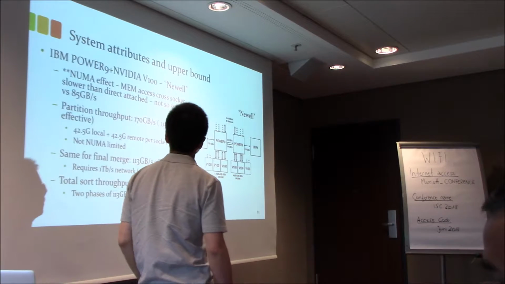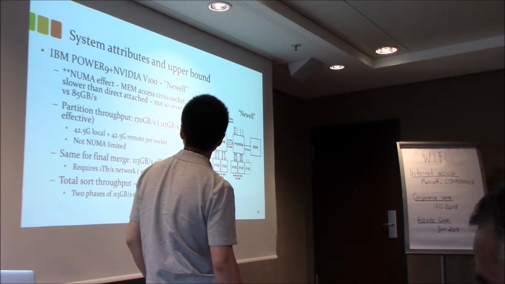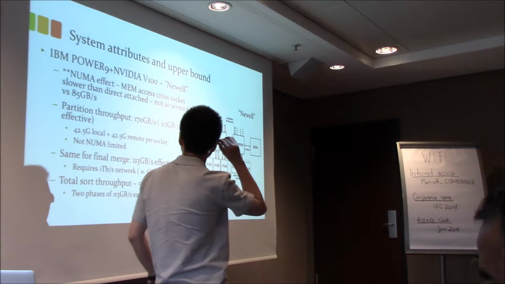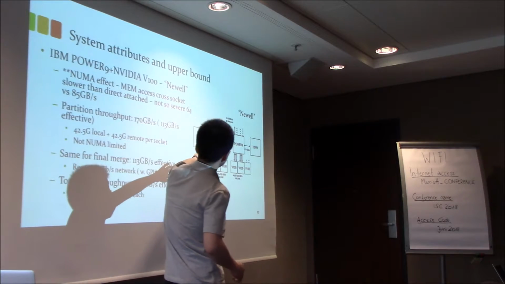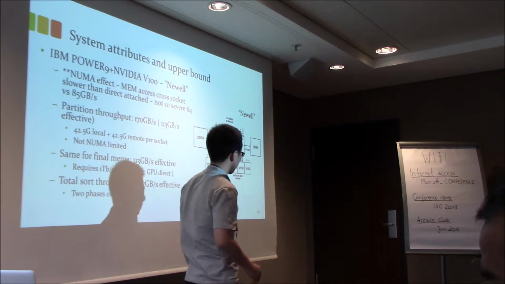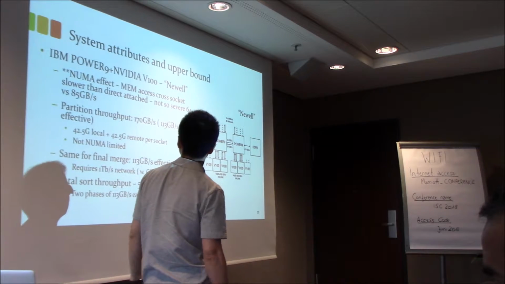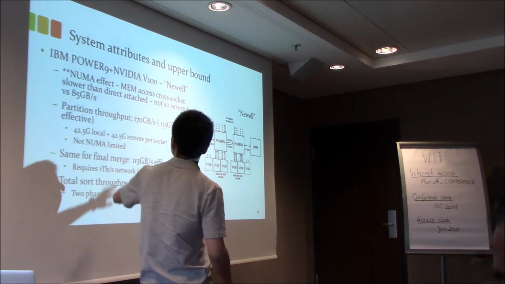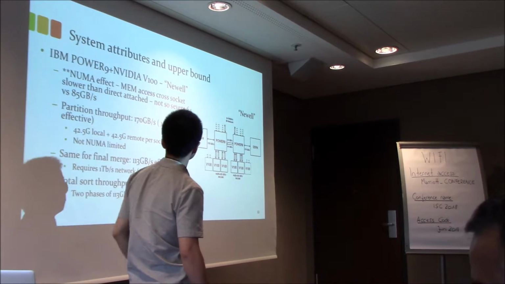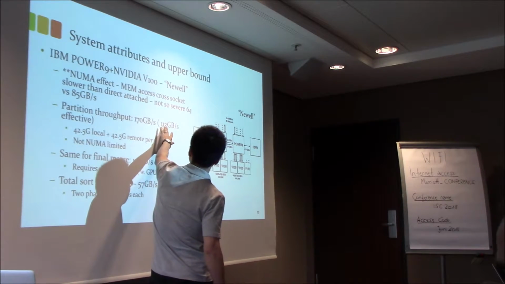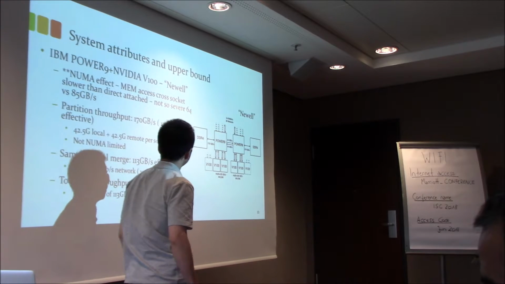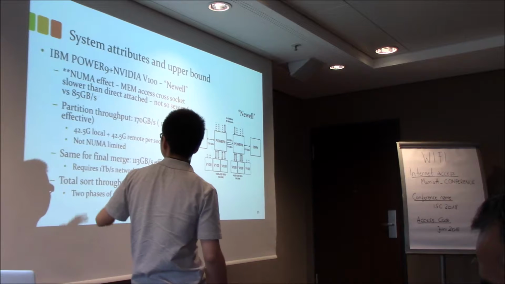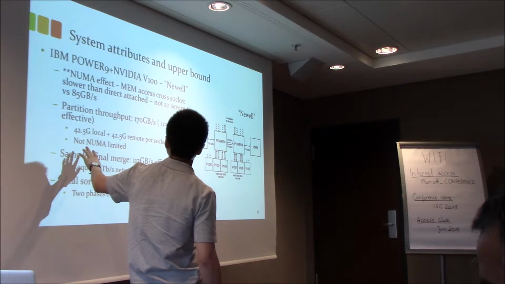Let's look at a Power 9 with Volta 100. The difference here is that the memory becomes symmetric, so we will not have a bottleneck in a single pass. The partition throughput real estimate is above 100 gigabytes per second.